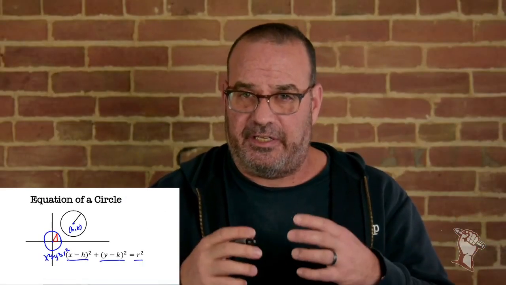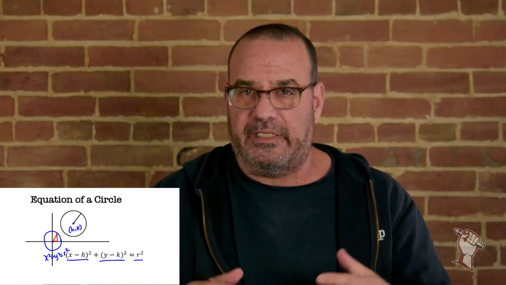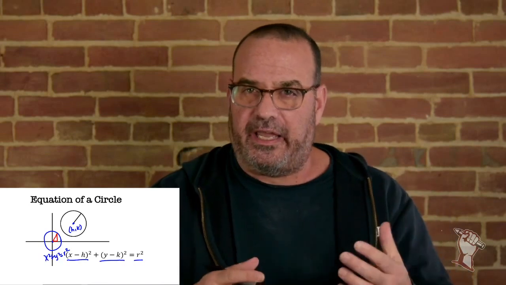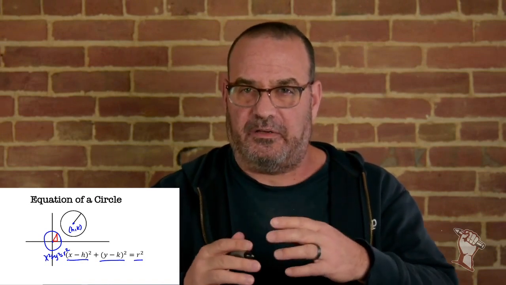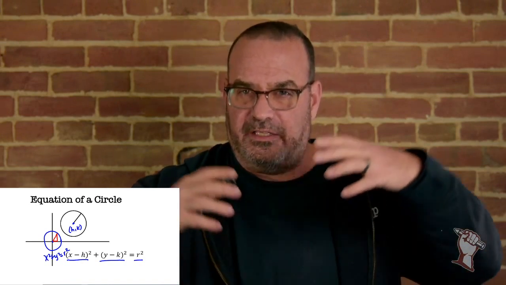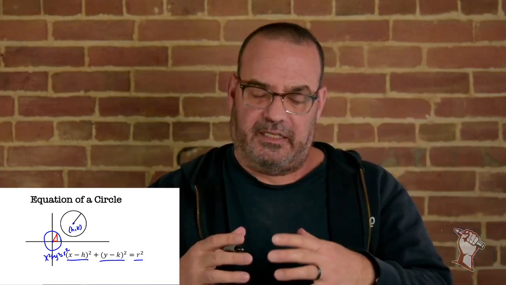Trigonometry is actually called triangleonometry, and that is splitting circles into pieces of triangles and doing the whole world as circles split into triangles. And that's the equation of a circle.